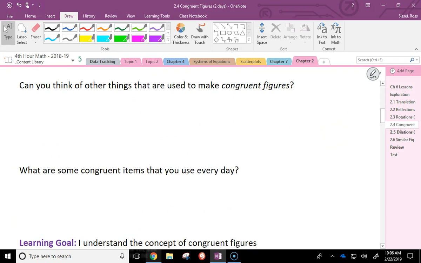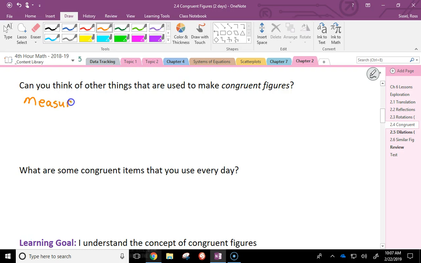So, what are some other things that you can think of that might make a congruent figure? Every time I use it, it gives me the exact same shape. Like the measurements of it? What do you mean? Like if you were to measure the size of the shape. Okay, so maybe a measurement.